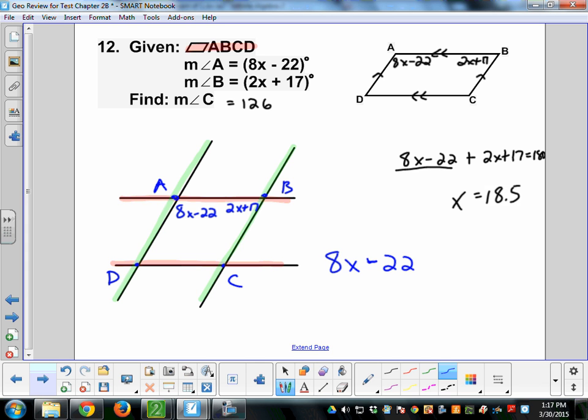So 8x minus 22 plus 2x plus 17 equals 180. So to save you some time here, I'm just going to go ahead. When you simplify all this, you should get 10x equals 185. So x would equal 18.5.